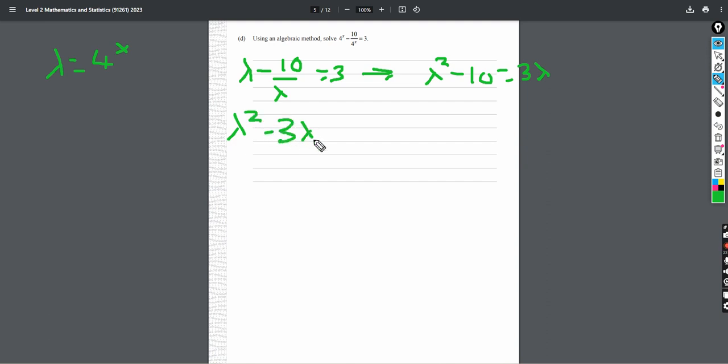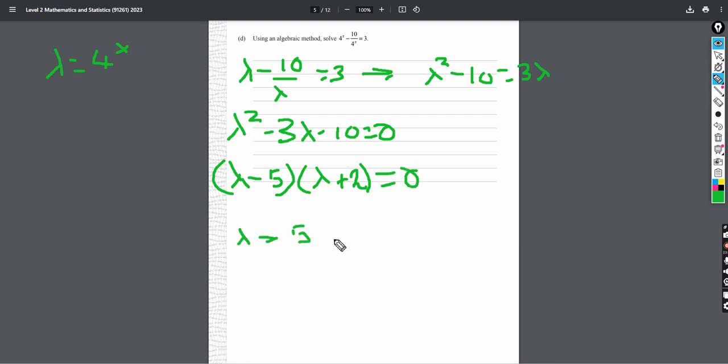Lambda squared minus 3 lambda minus 10 is equal to 0. Minus 5 plus 2 equals 0. So lambda equals 5 or minus 2.